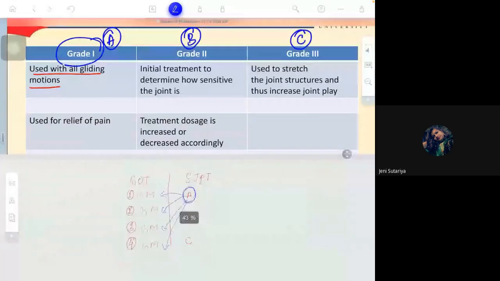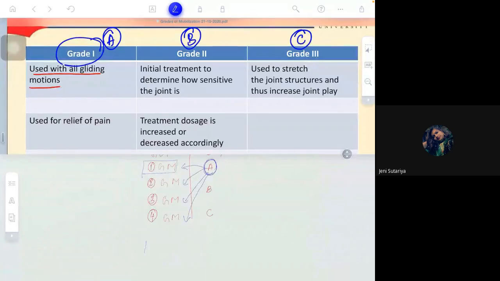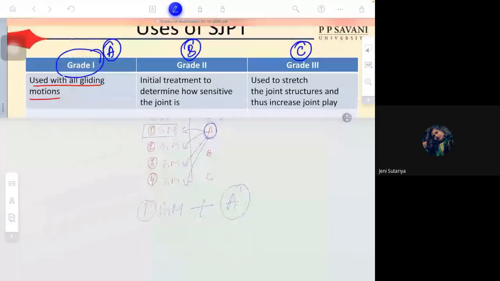Clear? You want to do grade 1 mobilization. If you are doing grade 1 mobilization, you will do it with grade 1 of what? SGPT, SJPT.